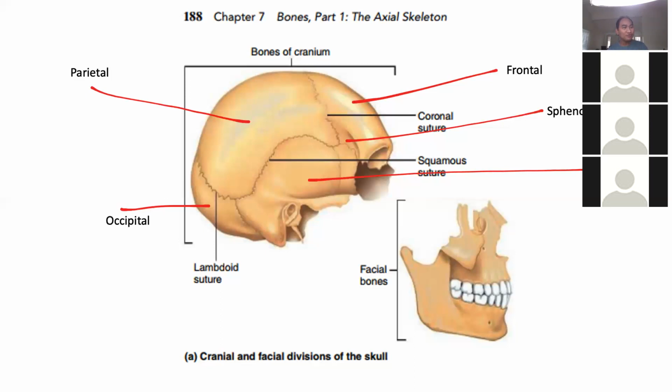Facial injury involves our mandible, part of the facial bone, and the maxilla, so the upper teeth and this nose; that portion of the face is the facial bone, but the forehead is in our cranium. So the difference is cranial fracture or facial fracture.